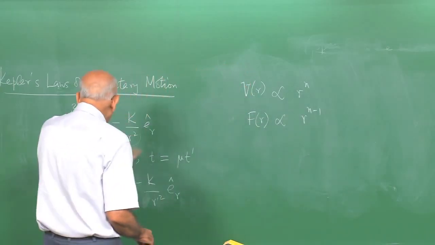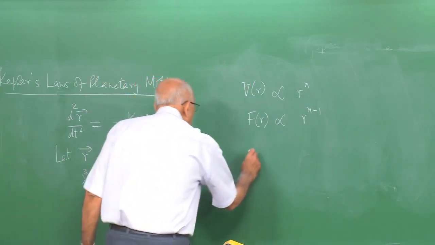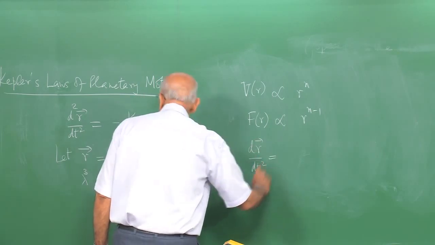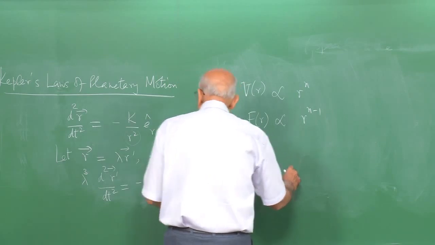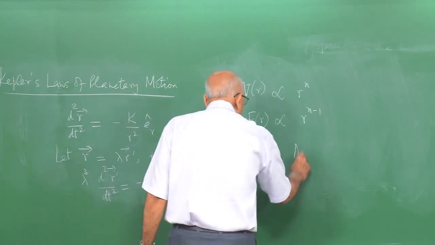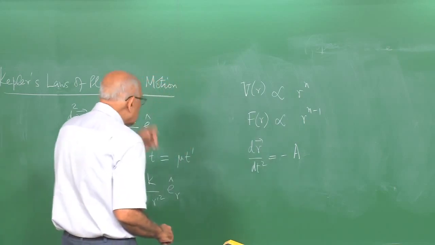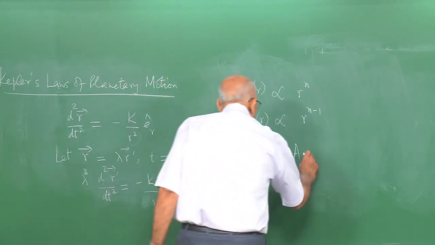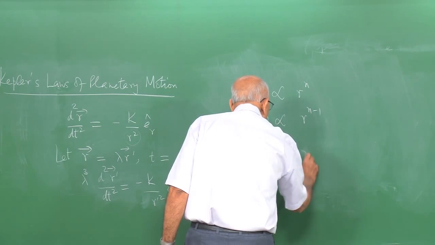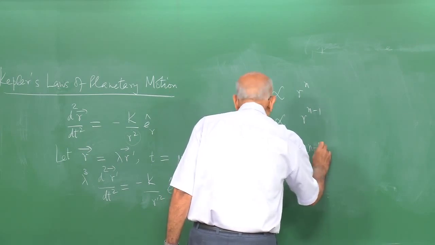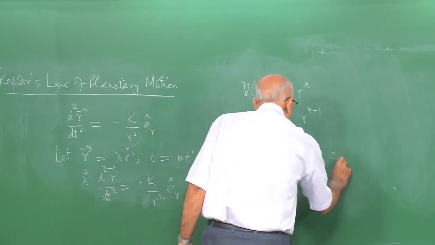So d2r over dt2 is equal to some other constant, let's call it a, if it's attractive, with a minus sign, times r to the n minus 1, times e sub r here.